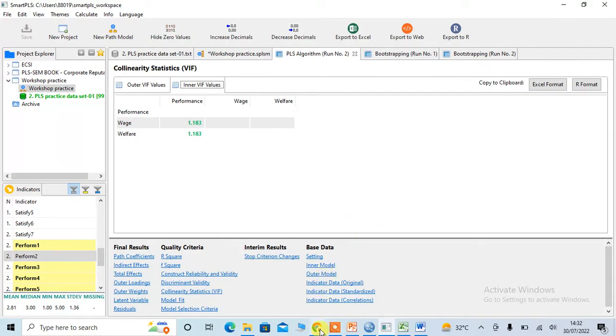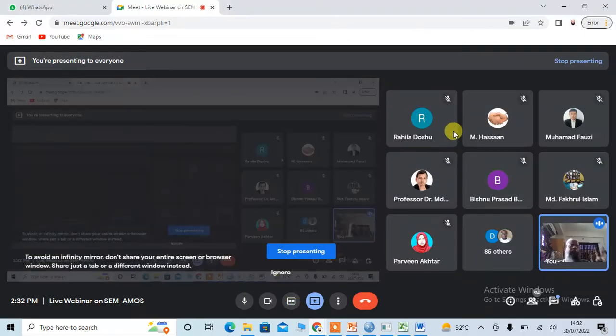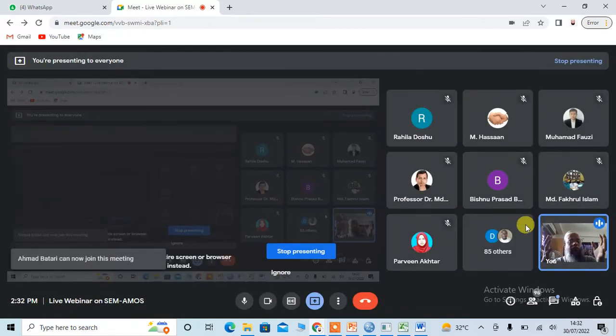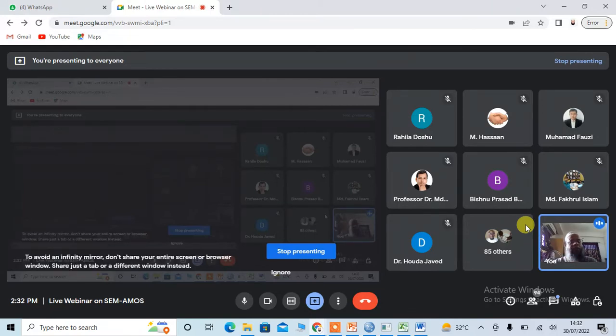So, we need to calculate the result of predictive relevance. Predictive relevance means whether the data set that you used for getting your result is adequately predicting its result or not. That can be done through the blindfolding procedure.